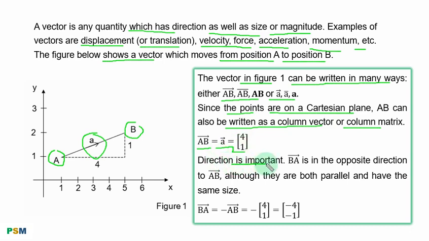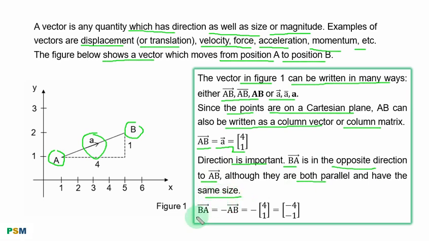Direction is important. Vector BA is in the opposite direction to AB, although they are both parallel and have the same size.